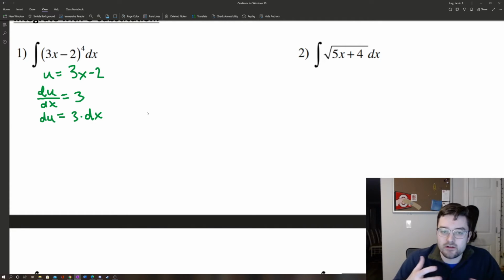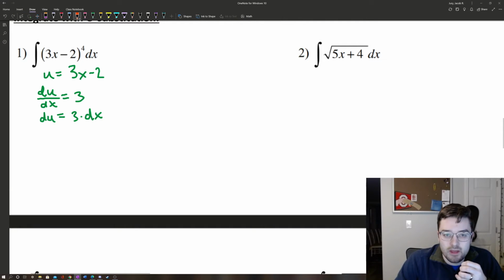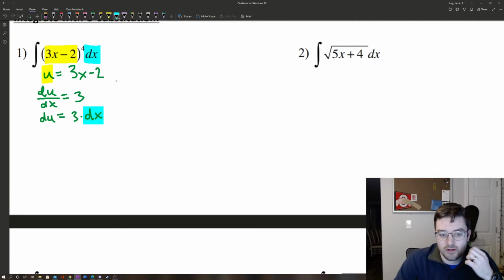And then we can start substituting. We need to make sure that we can substitute everything we see in this integral. So we can substitute this 3x minus 2 for u, and we can substitute dx with... almost, we can almost do it.